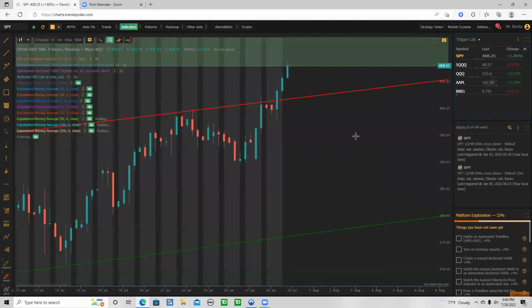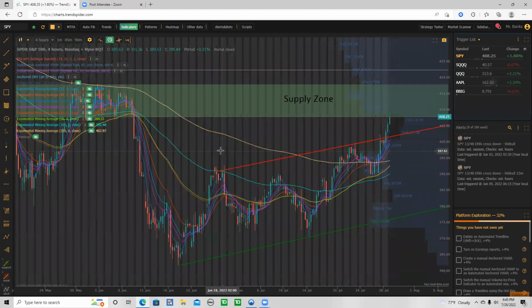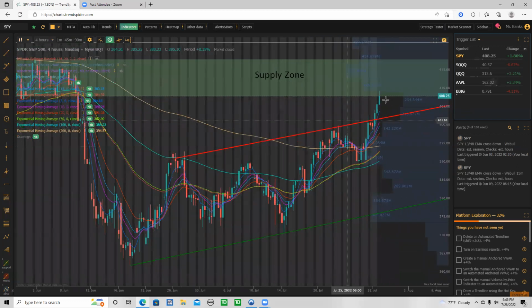Now we could take a look at the 4-hour. We could keep going down, right? What else do we have? Well, on the 4-hour, now we're starting to get a little overextended, right? We're past all of our EMAs. All of our EMAs have crossed. Candlesticks are all crossed. And now we are above every single EMA on the 4-hour.